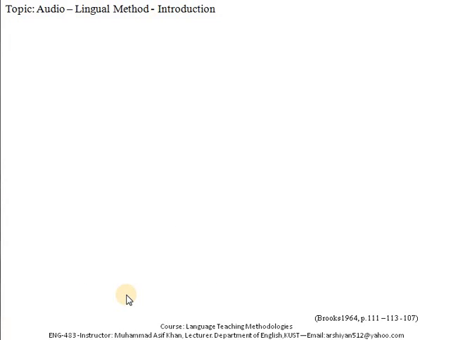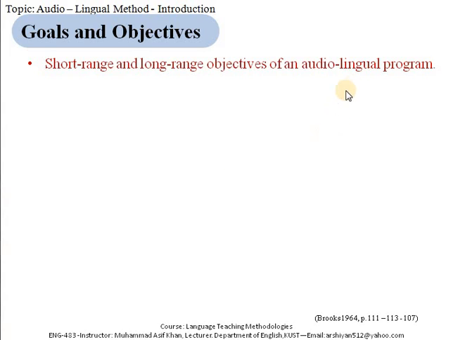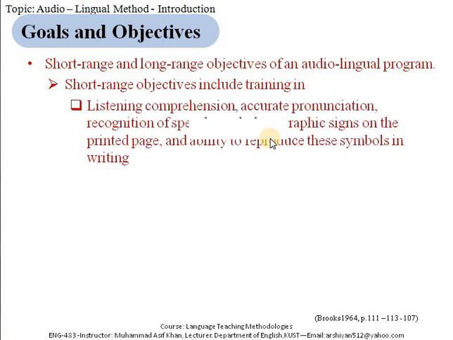Now let's move towards the goals and objectives of the audiolingual method, and we can distinguish between the short range and long range objectives of an audiolingual program. When we look at the short range objectives, they include training in listening comprehension, accurate pronunciation, and recognition of the speech symbols as graphic signs on the printed page.